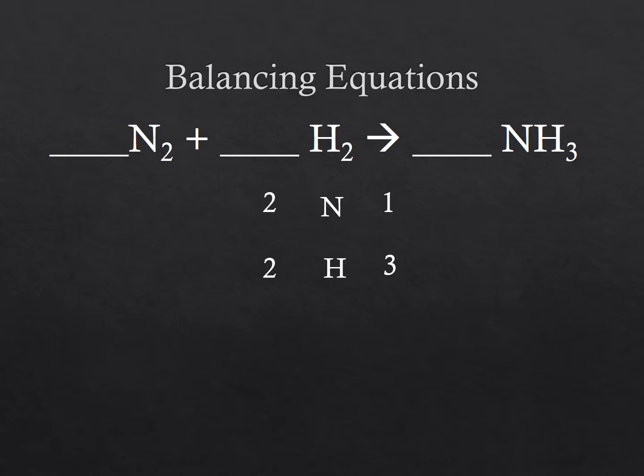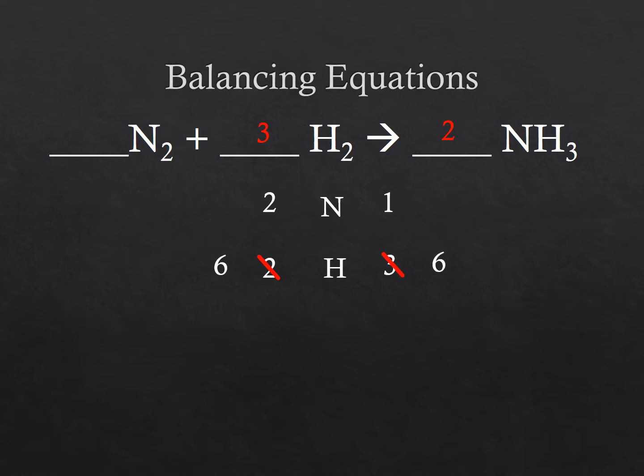So on the reactant side, we put a 3 in front of hydrogen because it is a multiple of 6. We multiply the 3 by 2, and you get 6 hydrogens. On the product side, we need to multiply the 3 by 2, so you put a 2 in front as the coefficient, and you get 6 hydrogens.